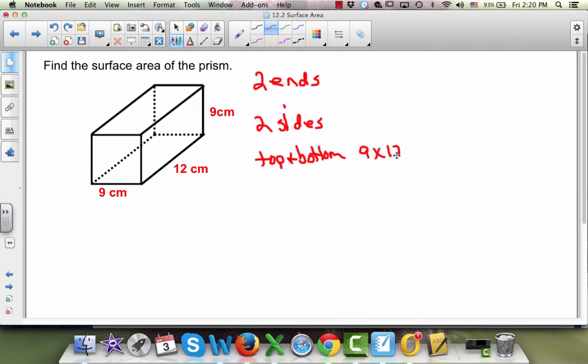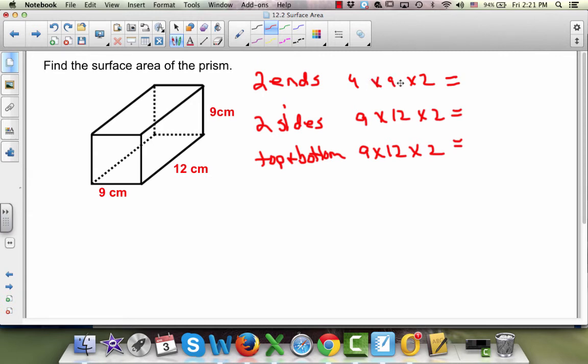So we go 9 by 12 times 2 because we've got a top and a bottom. The side is going to be 9 by 12, so you go 9 by 12 times 2 because you've got two sides. And the ends are going to be 9 on the side here, and the bottom part of the end is 9, so it's going to be 9 by 9 times 2.